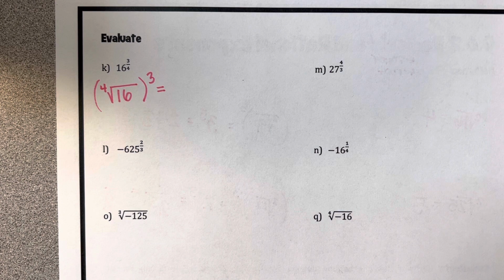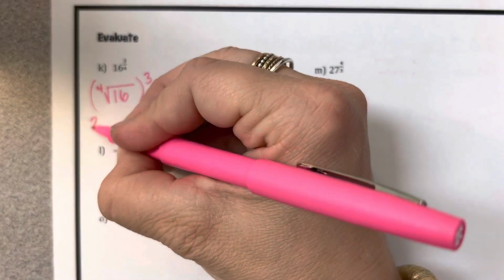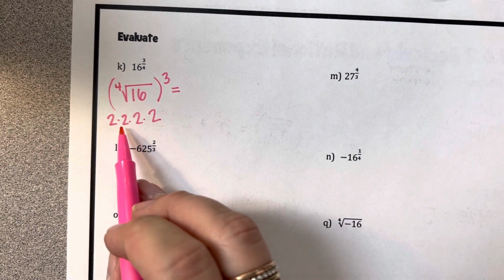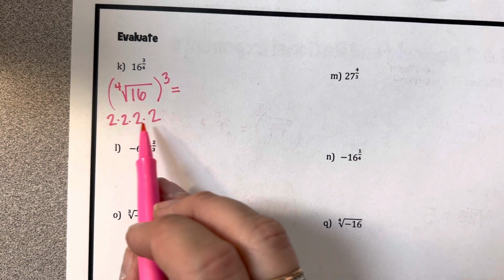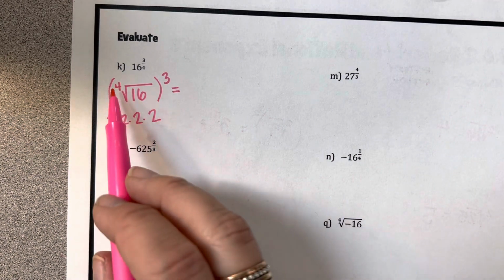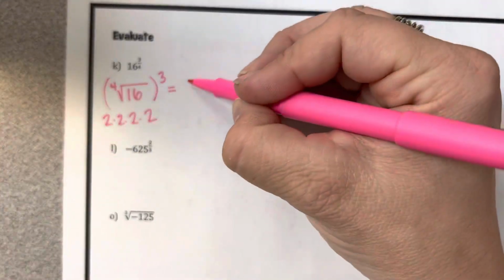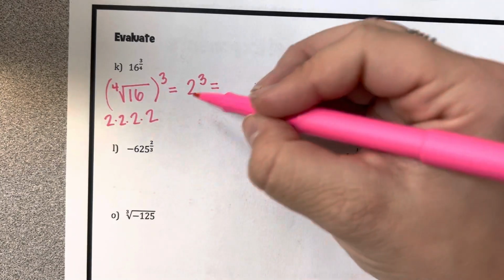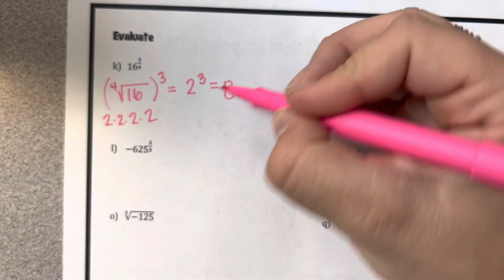It's 2. 2 times 2 is 4, 4 times 2 is 8, 8 times 2 is 16. So the 4th root of 16 is 2, and we're raising that to the 3rd power. 2 to the 3rd is 8.